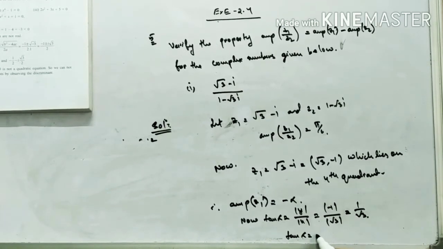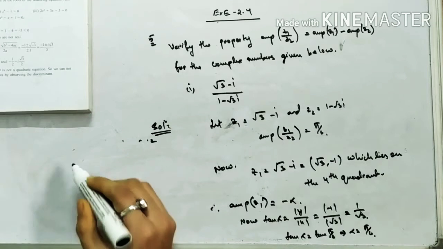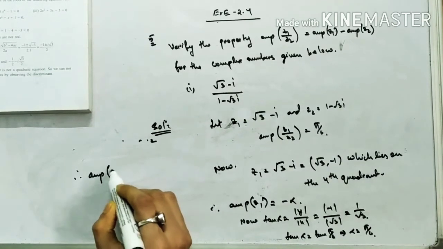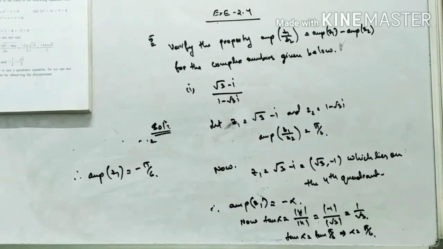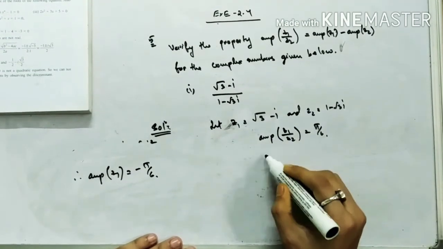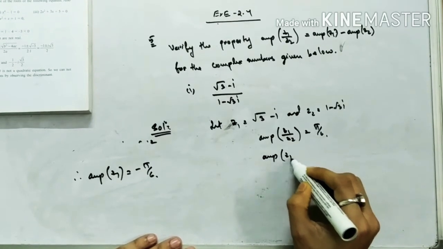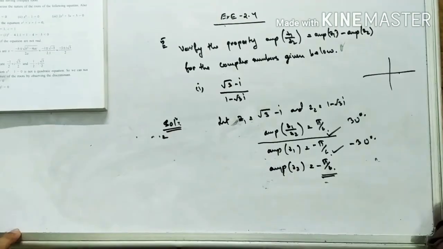So alpha is equal to pi by 6. Understand? So amplitude of Z1 is minus alpha, that is, amplitude of Z1 is equal to minus pi by 6.